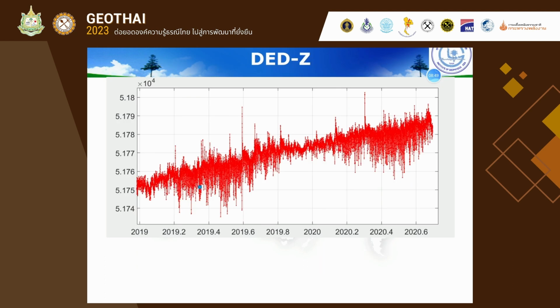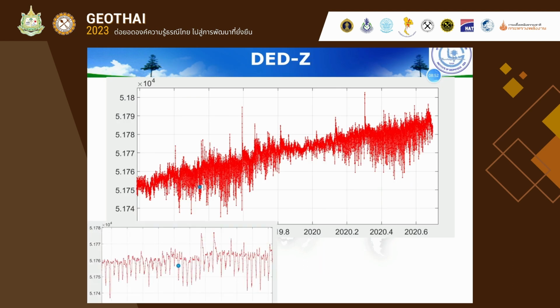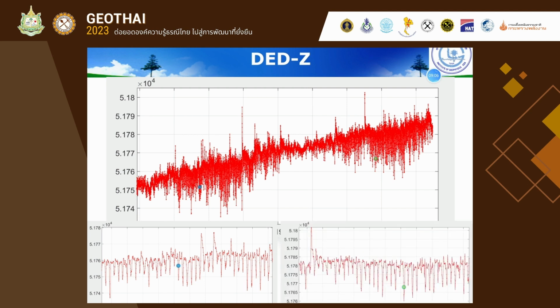This is an example to show why it is difficult to do. This is the time series of Dedu Observatory. This is the vertical component time series, and we can think we measured one time here. This is here, and one year after, we measured again here.